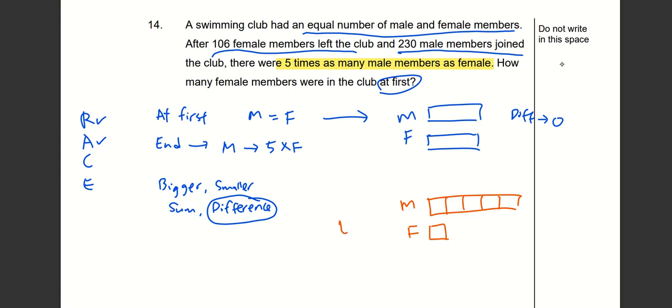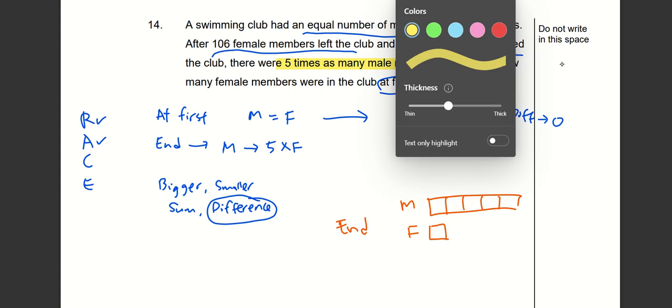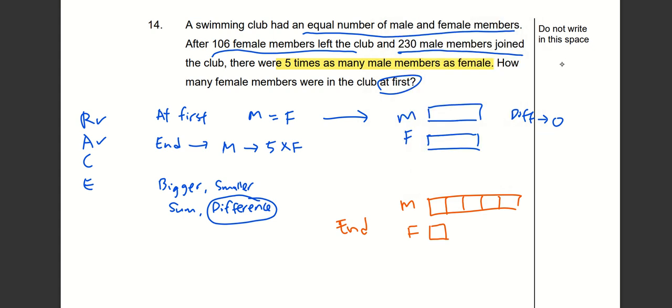What do you notice about the difference now? At the end, the difference becomes 4 units. So from a difference of 0 to a difference of 4 units, what happened in between? Likely what happened in between is where the difference came about.